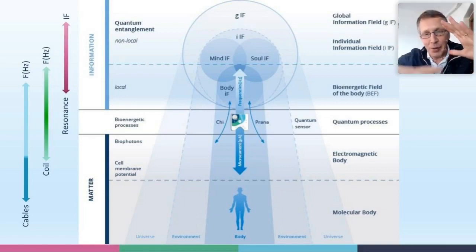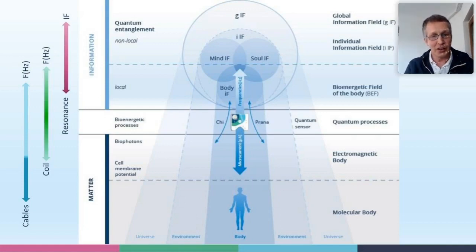I put together all the different levels systematically of a whole human being as I see it. So where am I? I am in the middle. Imagine yourself to be in the middle of this diagram.